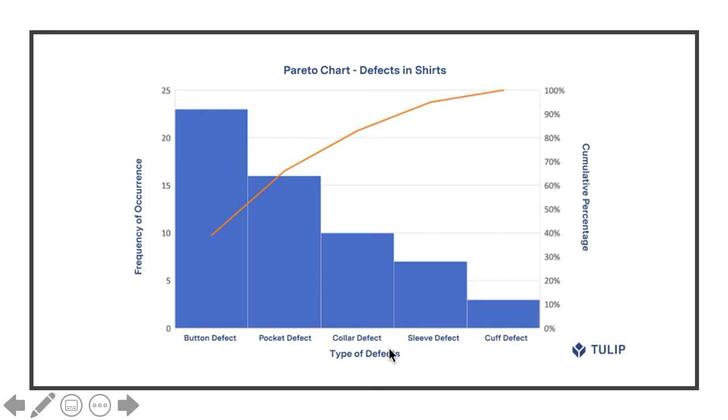Okay? So, as you can see, now, we have here the value of the y-axis, the frequency of occurrence, and on the right side of the chart, we have here the y-axis showing the cumulative percentage. So, doon mo makikita, ma-analyze. So, dapat daw, in the Pareto chart, in descending order yung frequency.